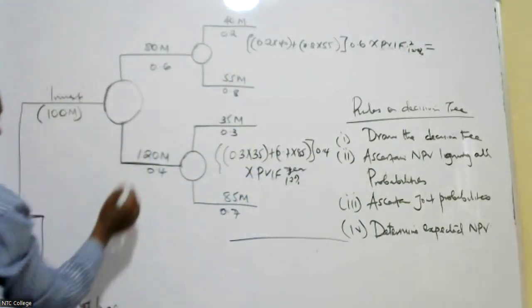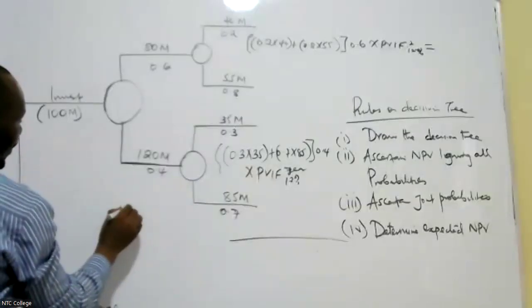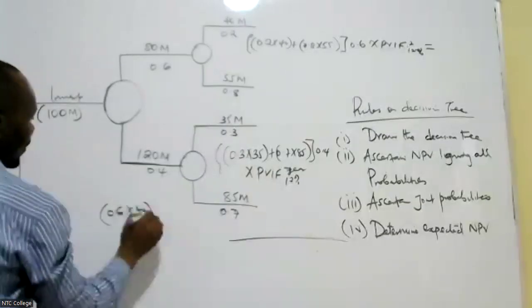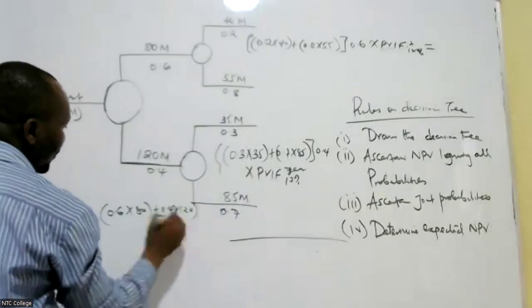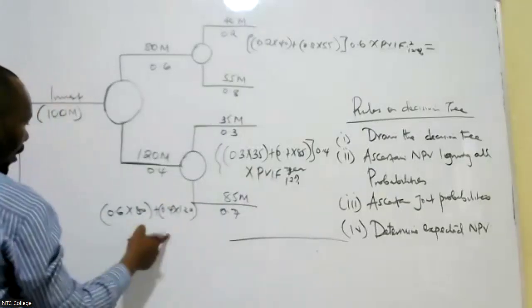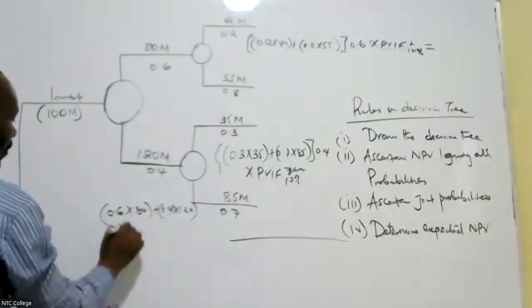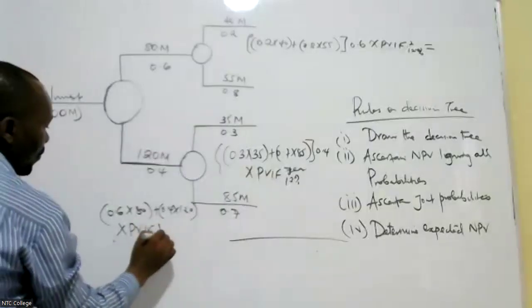Then down here, now this one, get 0.6 times 80 plus 0.4 times 120. Once you get this, you're going to get present value. You multiply them with the discount factor for year 1, 12%.